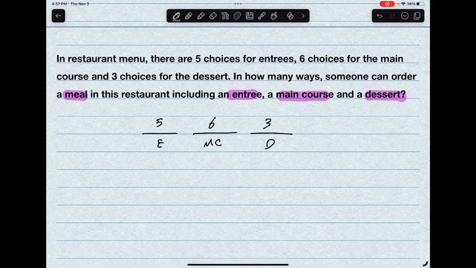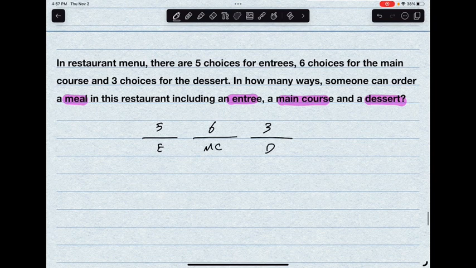So what is the total number of options here? It's 5 times 6 times 3, and the answer is 90. So there are 90 options for a meal, including entree, main course, and dessert.